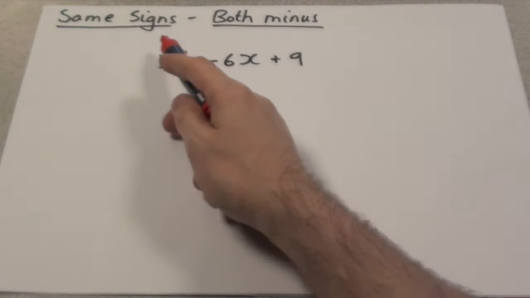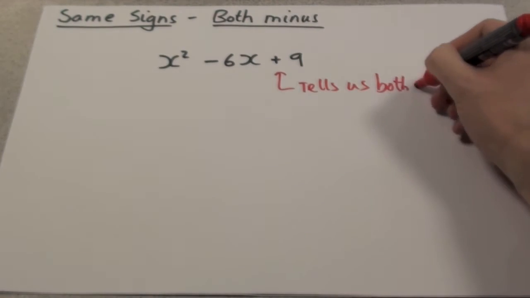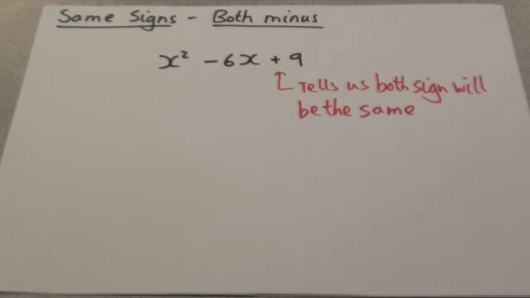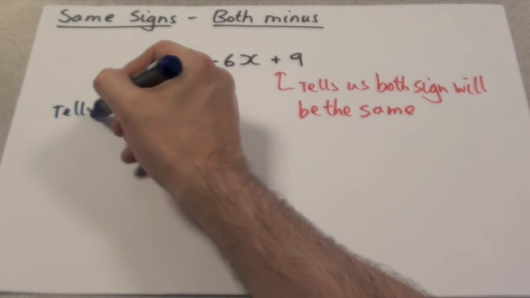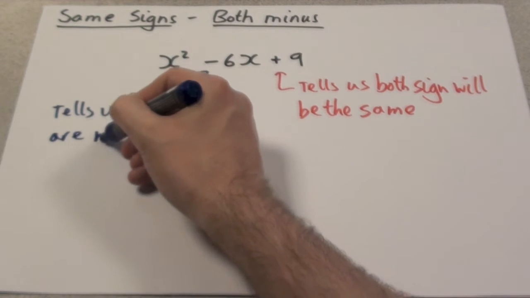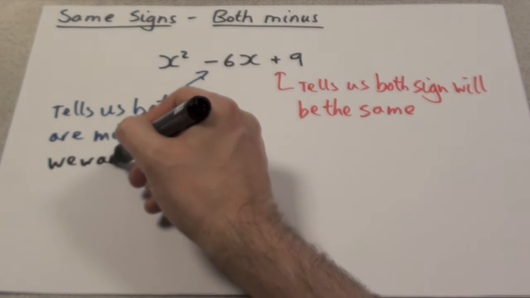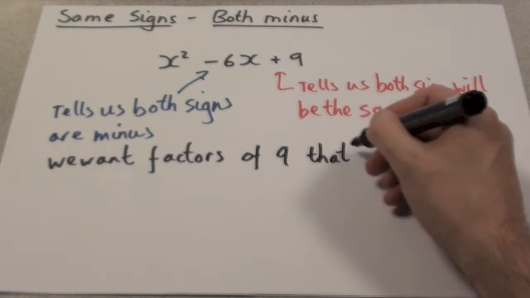If we have same signs with both minus, the last sign there, because it's a plus, tells us that both signs will be the same. The first sign, the minus, tells us that both signs will be negative. Now because we've got a plus in the last sign, it's telling us that we want factors of 9, the last number, that add up to give us 6.